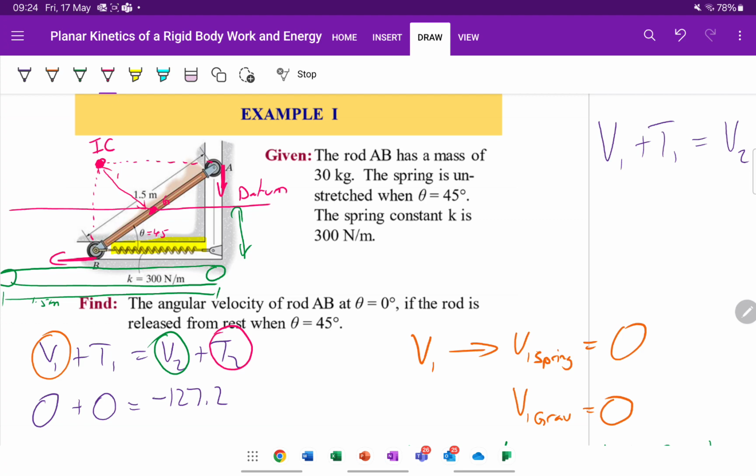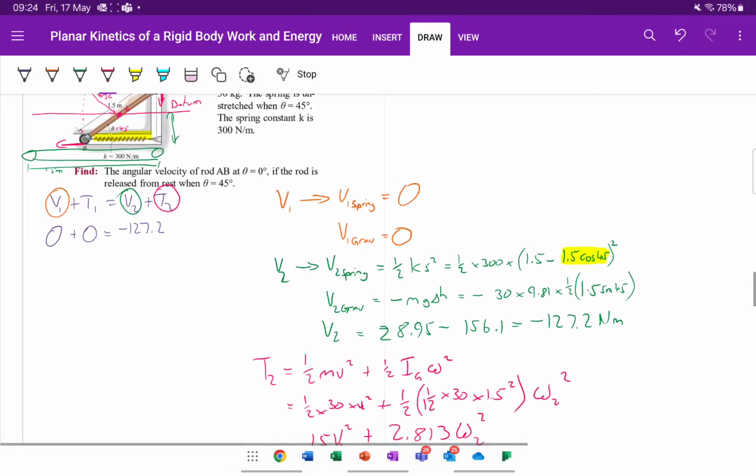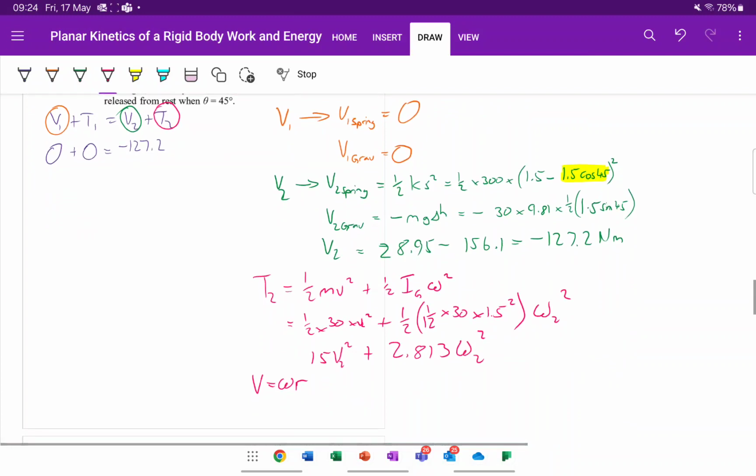How do I get from G, or where is G with respect to IC? That's the value we're trying to find, because in our equation, which is going to go off the screen, the velocity of G is equal to the angular velocity times r of G with respect to IC, making it specific for this particular scenario.